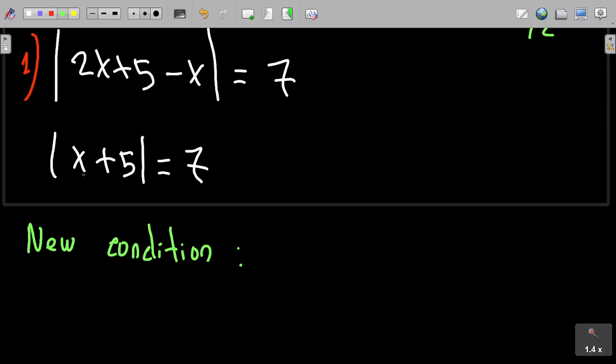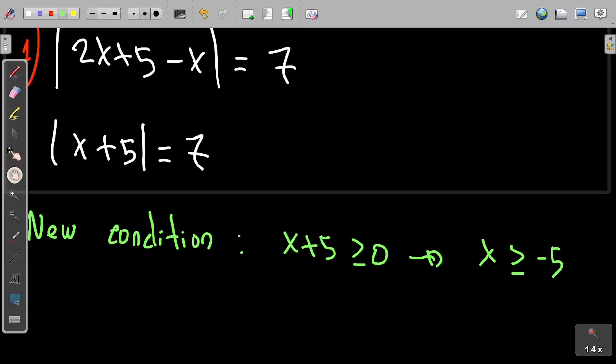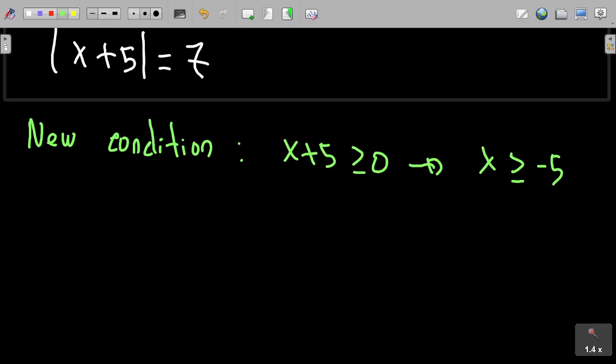I can take the positive part of this, so x plus 5 is bigger or equal than 0, which means that x should be bigger or equal than negative 5. That will be my new condition, and with it I'm going to write the equation 1.1, which is x plus 5 equals 7.